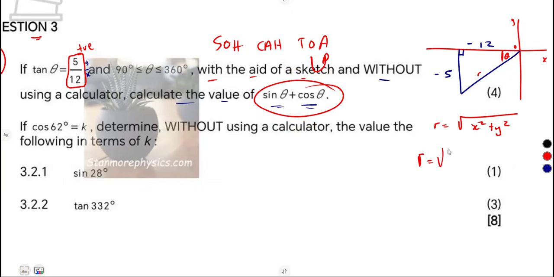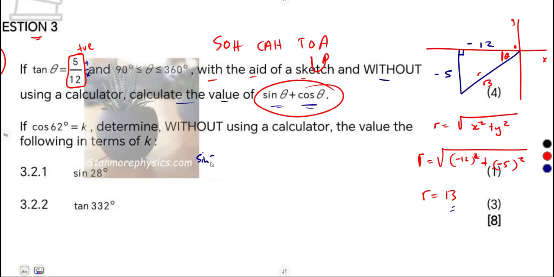So our r is going to be the square root of (-12) squared plus (-5) squared, which you can just use your calculator for. That gives us the square root of 169, which is 13 units. The magnitude, the hypotenuse, guys, is always positive. So you consider the positive value.